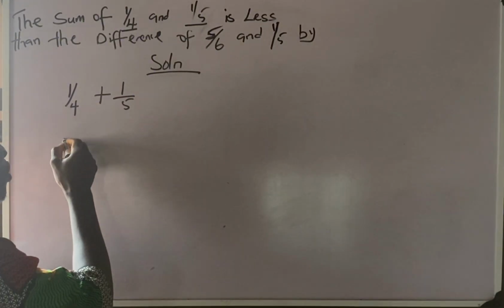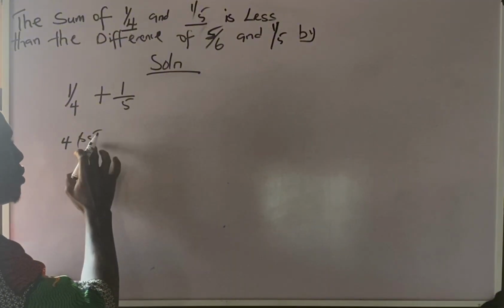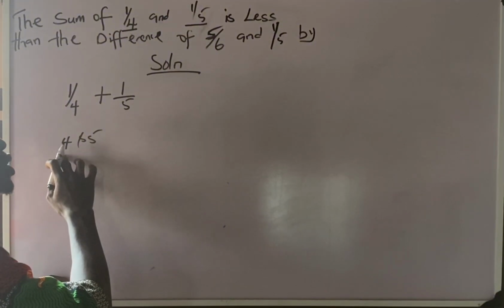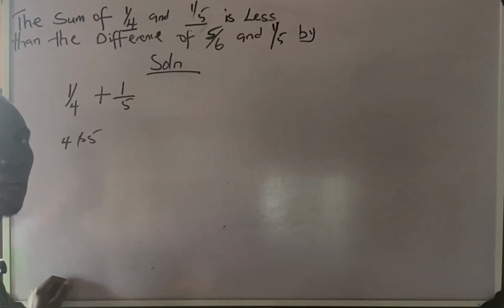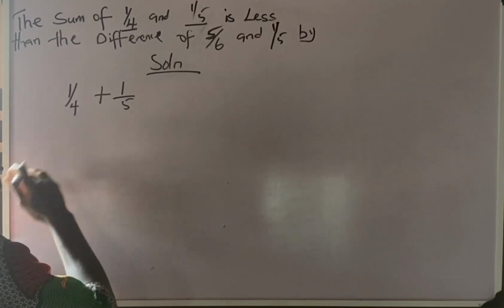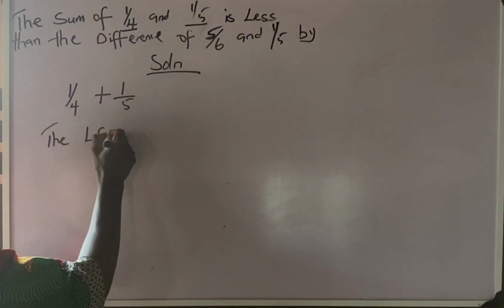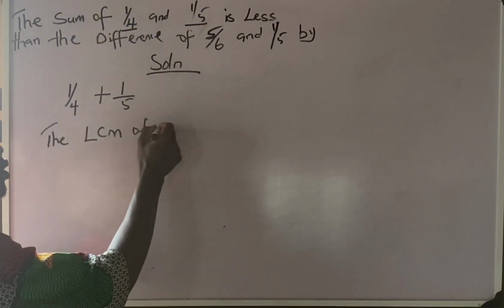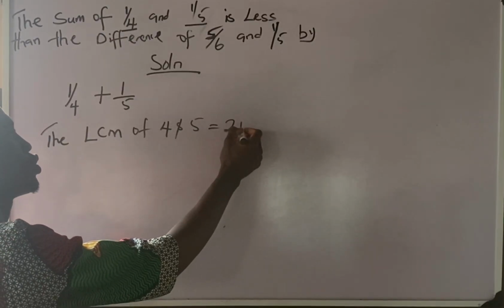For instance, 4 and 5: 4 cannot divide 5, and 5 cannot divide 4. So just multiply the two numbers, and the LCM of 4 and 5 is 20.